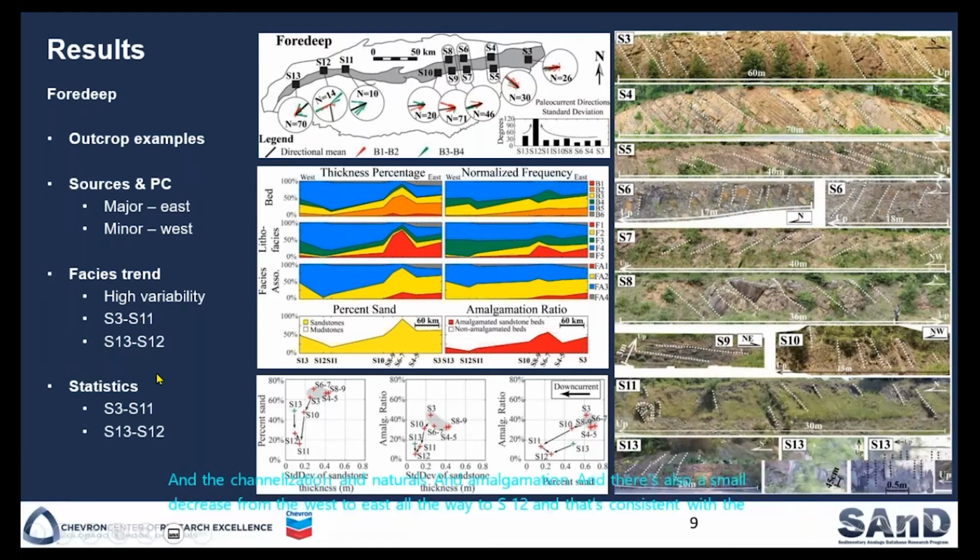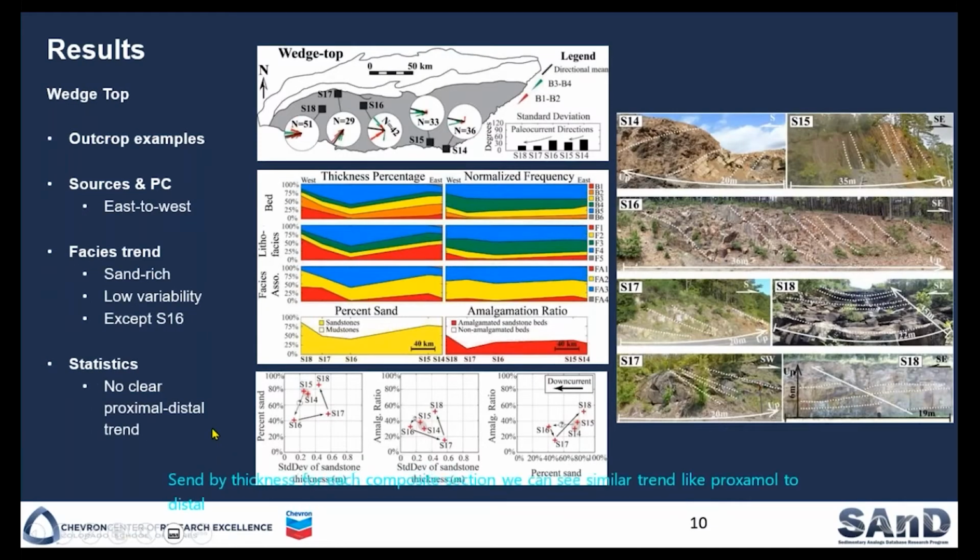And from the basic statistics of percent sandstone, amalgamation ratio, and standard deviation of sandbed thickness for each composite section, we can see a similar proximal to distal trend. Comparing to the results in the wedge top, we have 5 composite sections, and the paleocurrents all show in general east to west with some local variations.